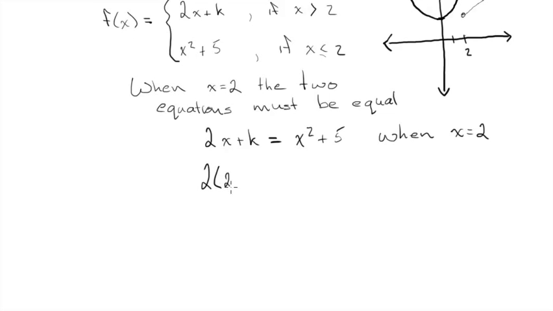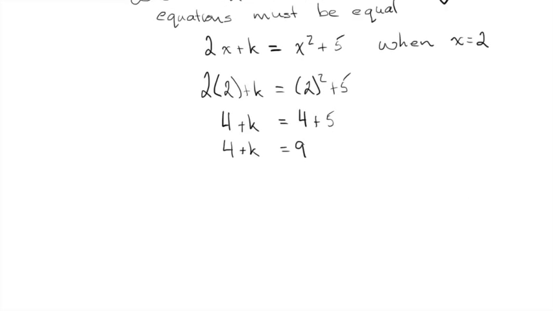So x is equal to 2, so 2 times 2 plus k equals 2 squared plus 5, and then solve for the variable k. 2 times 2 is 4, plus k, equals 2 squared, which is 4, plus 5. So we've got 4 plus k equals 9.